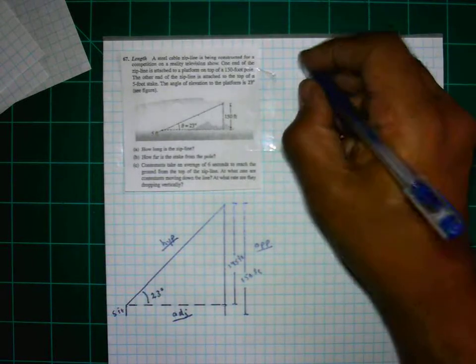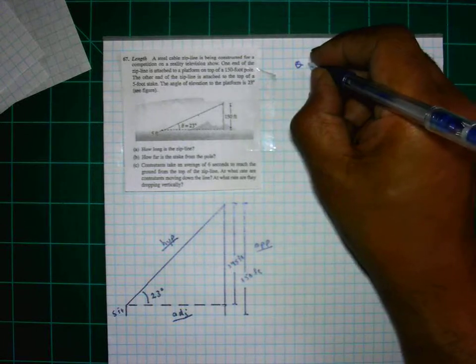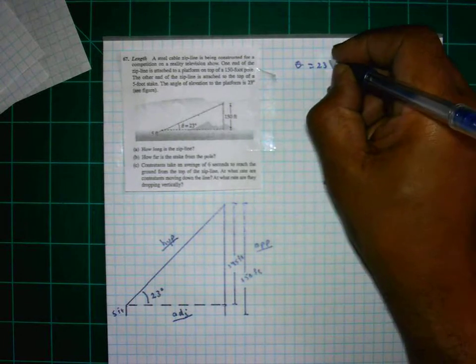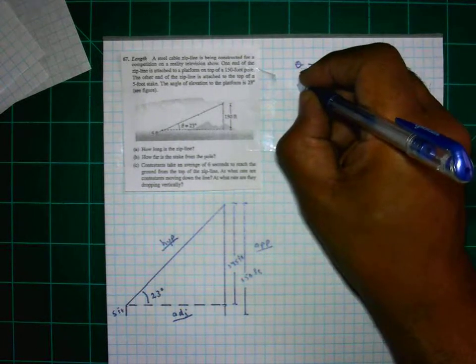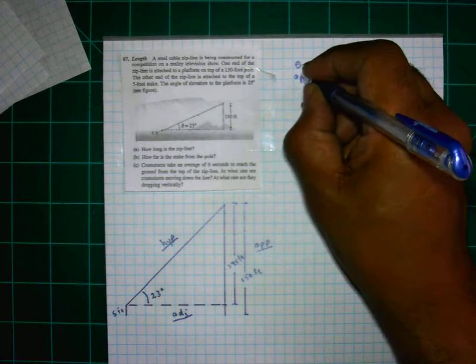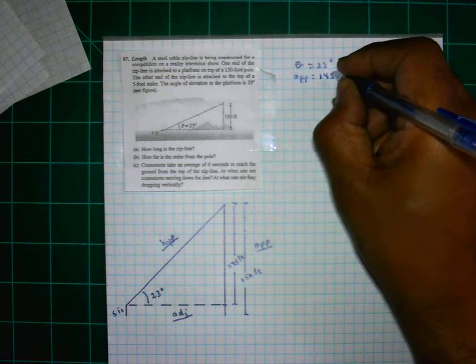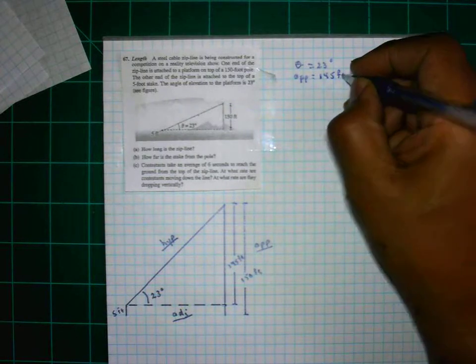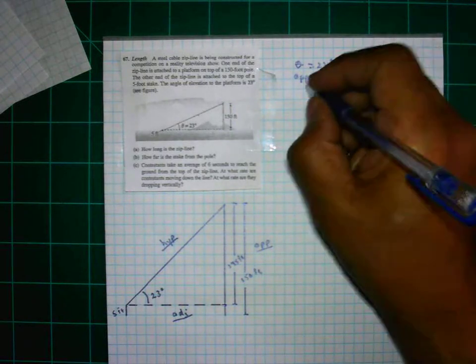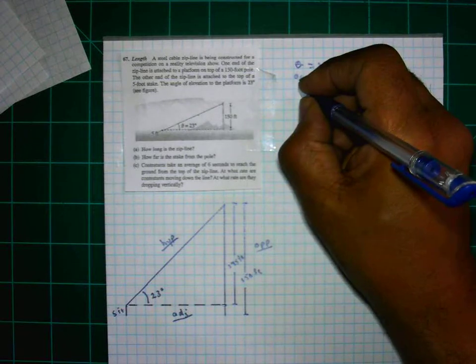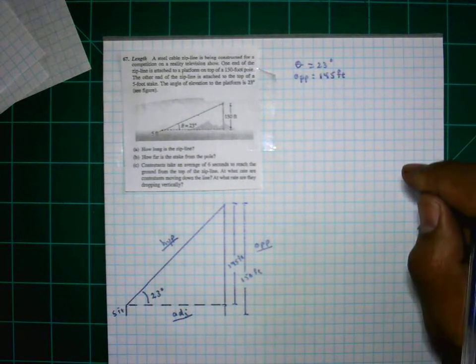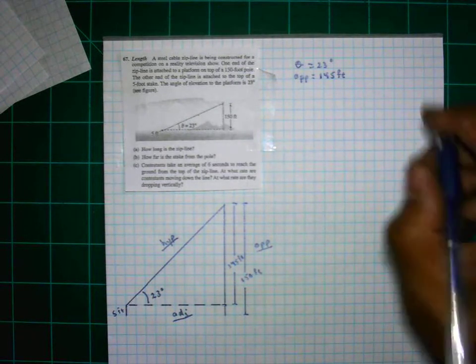So I know that theta is 23 degrees. I know the opposite side is 145 feet. And I know that the hypotenuse is the zip line. So part A says, how long is the zip line?